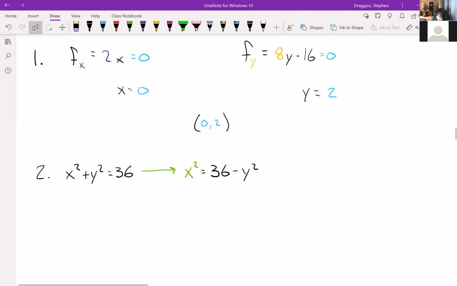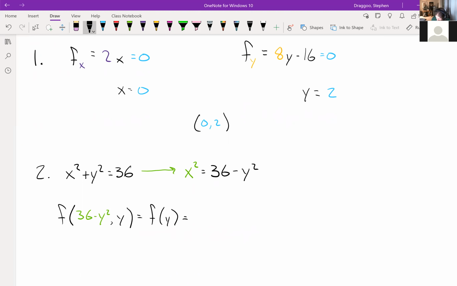So along the boundary, my function becomes f of (36 minus y squared, y), which is a function that depends only upon y.